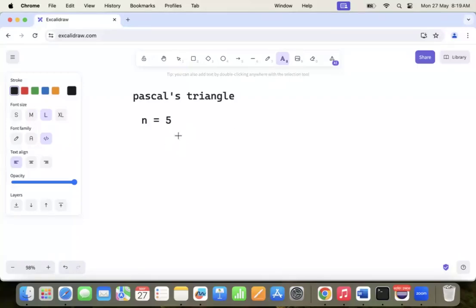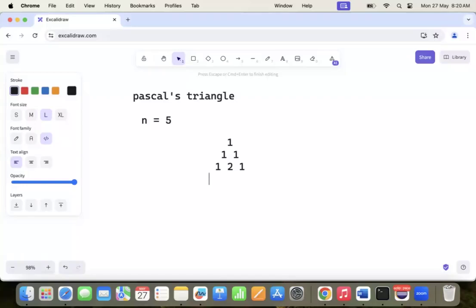Let's say, for example, the output should be like this. 1. Okay, 1, folks. Then next is 1, 1. Then it is 1, 2, 1.